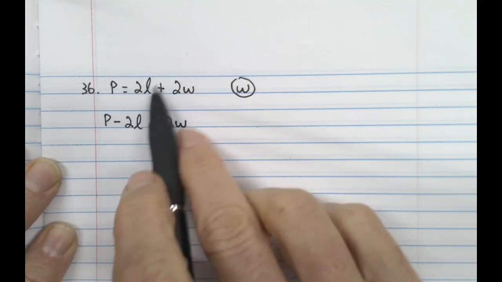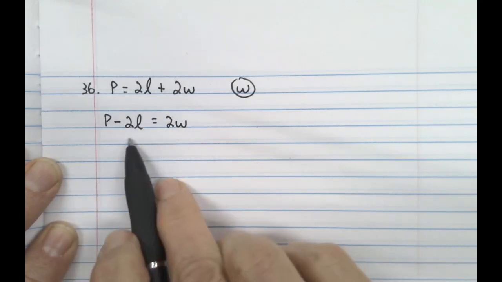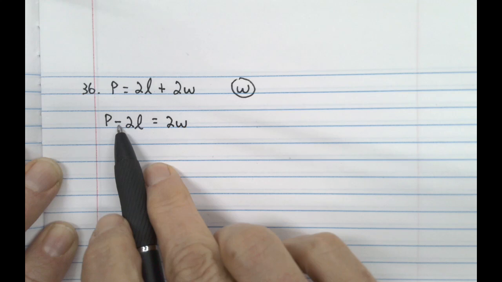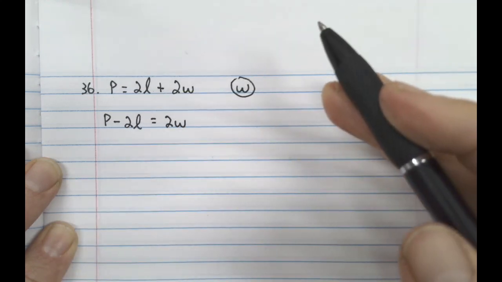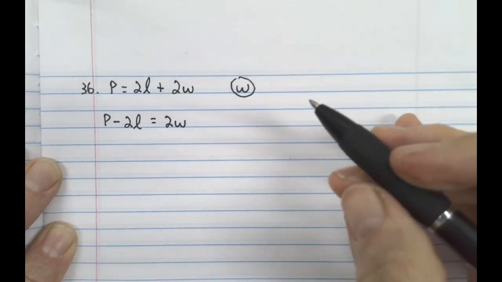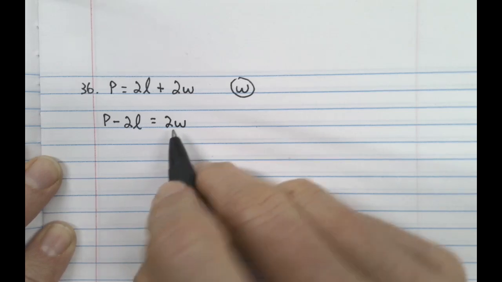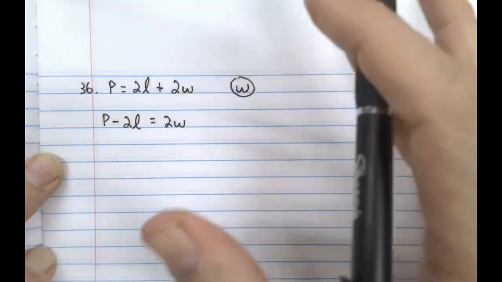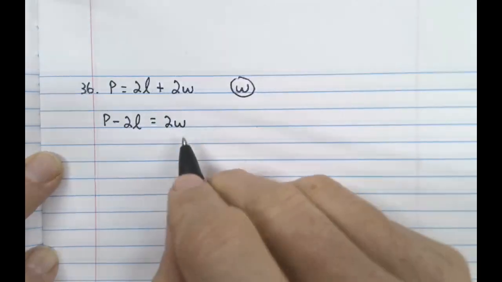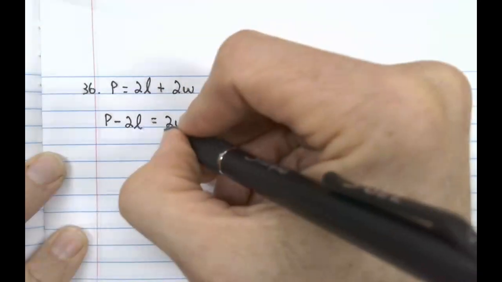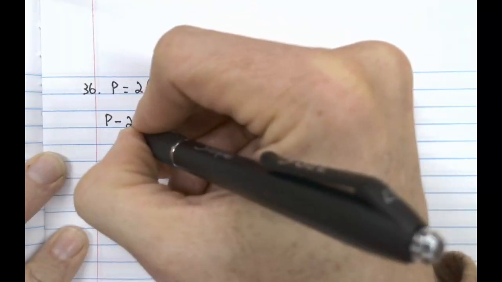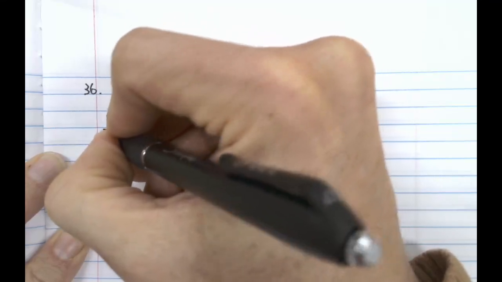Another thing I've told you before is that if I want to get this 2L on the left side and it's on the right side, I just move it over and switch the sign. There's another way to think about it. Now, I need to get W all by itself. Remember, inverse operation. What's the opposite of times 2? It's divide by 2, but you have to divide everything by 2.